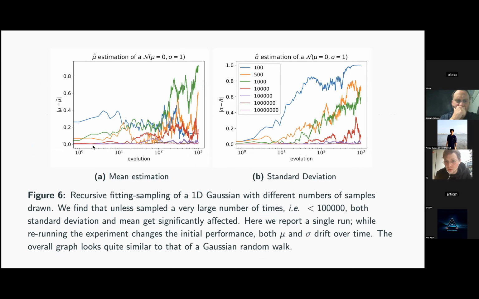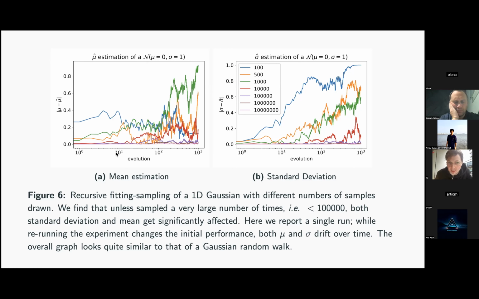This is the generation at which we observe this. At the very first step, we have real data. We just fit generation 0, evolution 0, on the real data, and then we take this model and sample 100, 500, 1,000 data points and so on from it, and then we fit the next Gaussian on top of it, and we keep on repeating this.